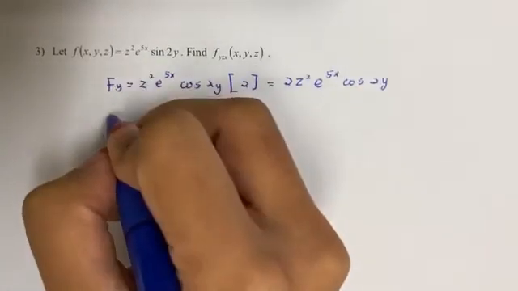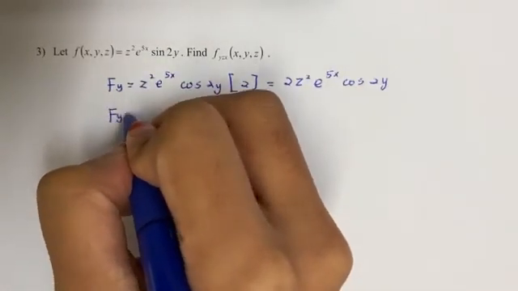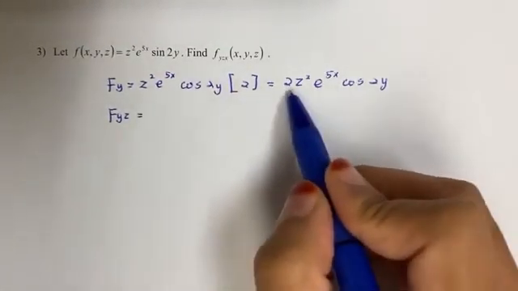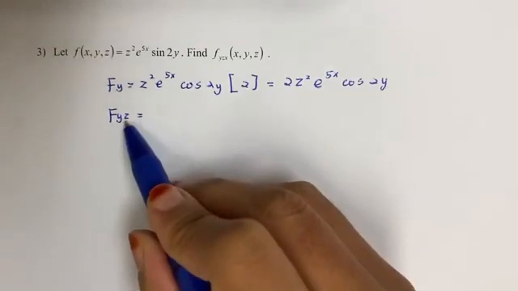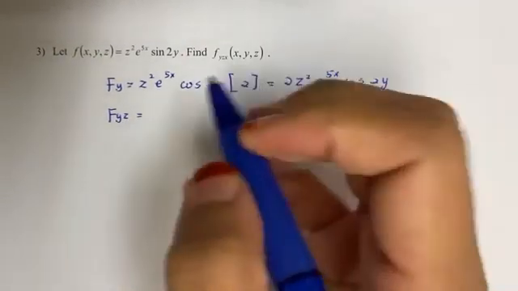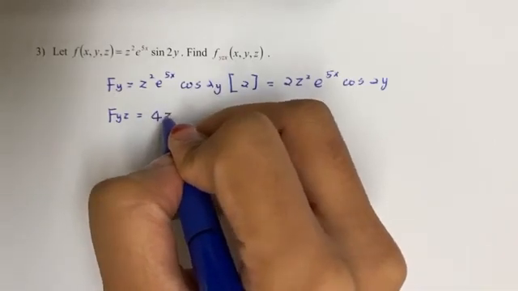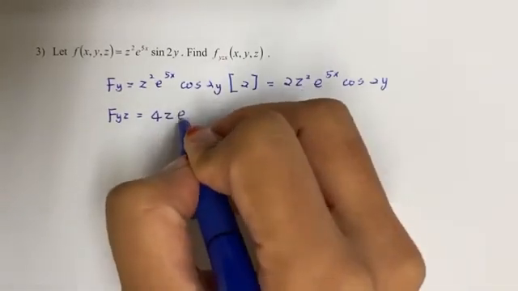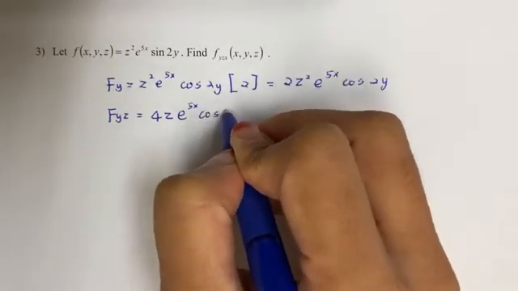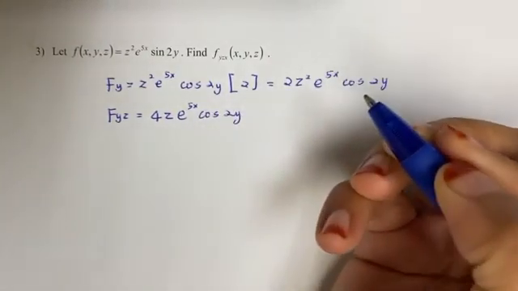And then from fy, we find fyz. Differentiate this fy with respect to z. So from here, 2z squared becomes 4z. So 4z, exponent 5x remains, as well as cos 2y remains.